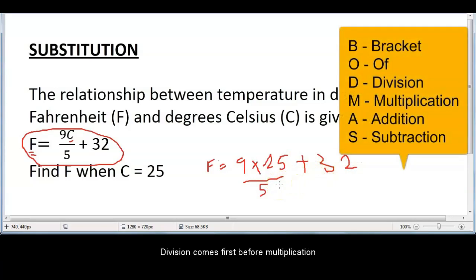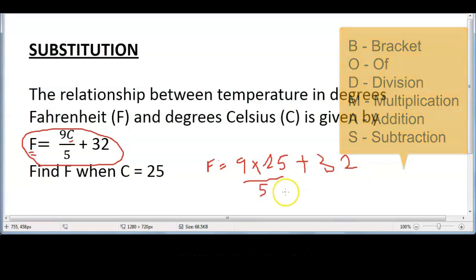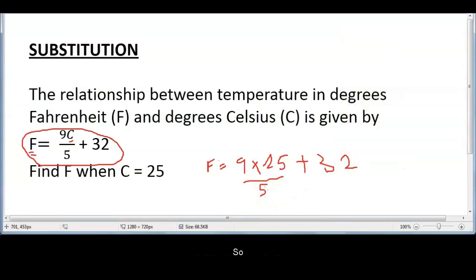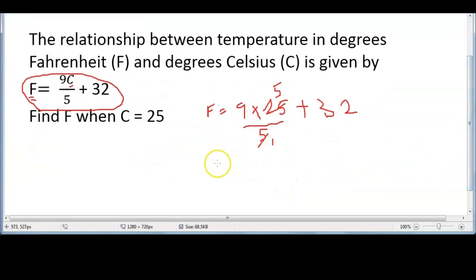Division comes first before multiplication, or the other way around. So 5 into 25 is 5. So this now becomes 9 multiplied by 5 plus 32.